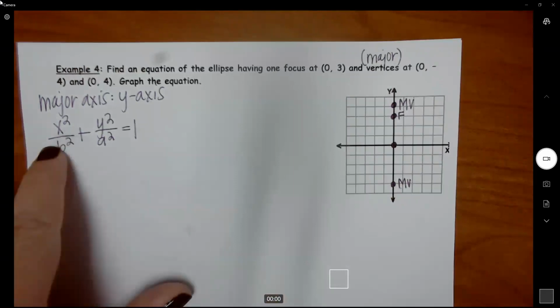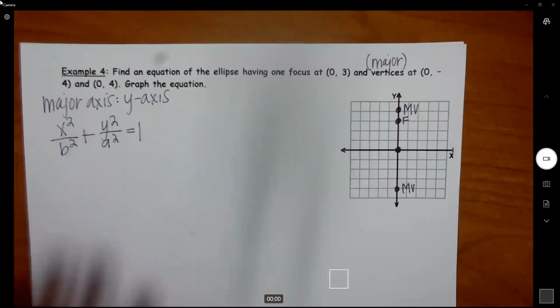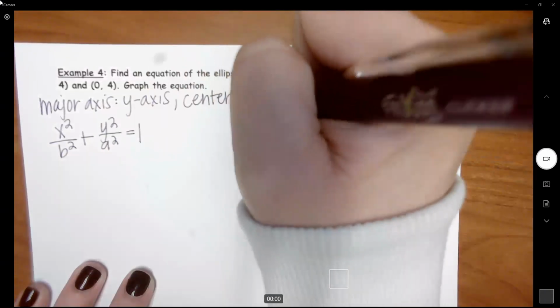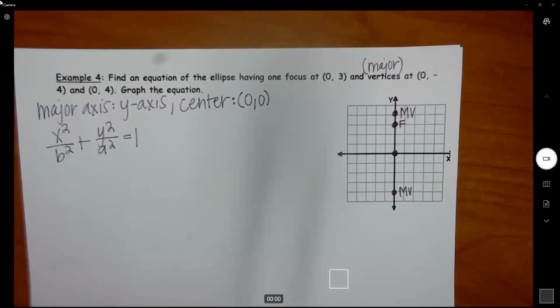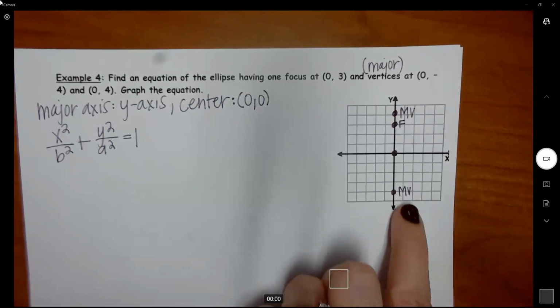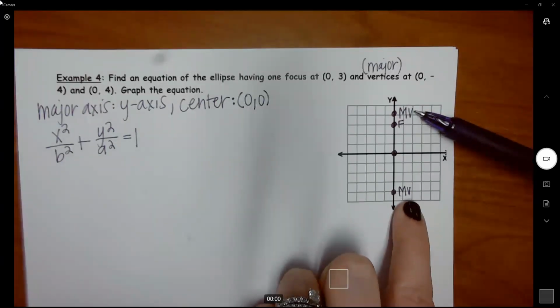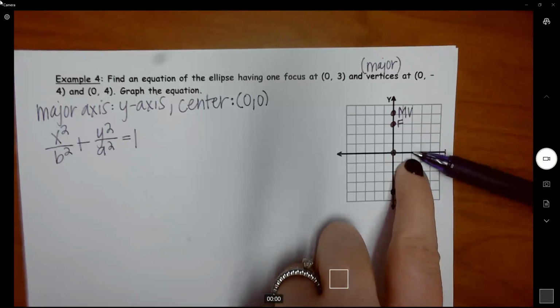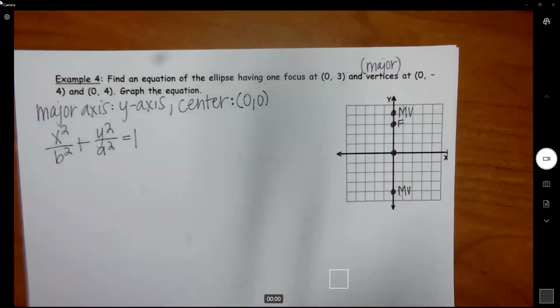Okay, so I do know that the center is at 0, 0. Again, because they gave me both vertices, I can count till I get to the middle, or even use your midpoint formula.